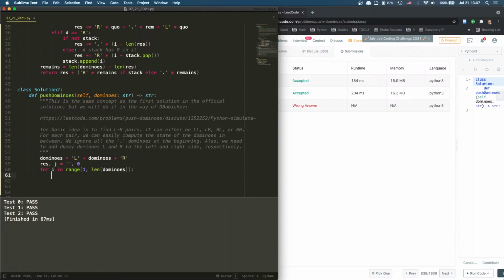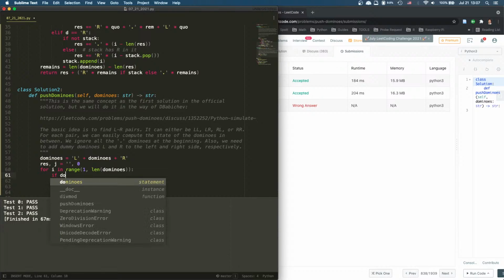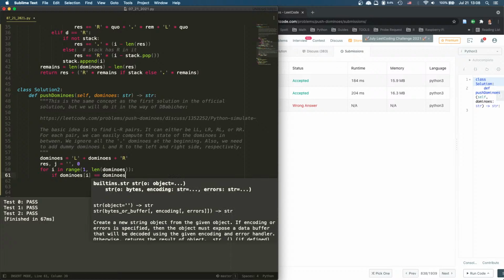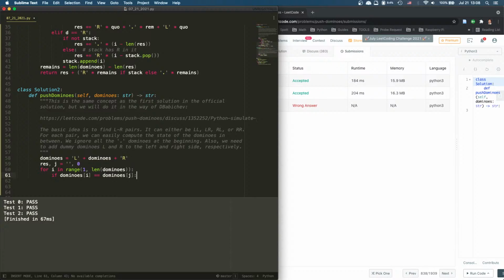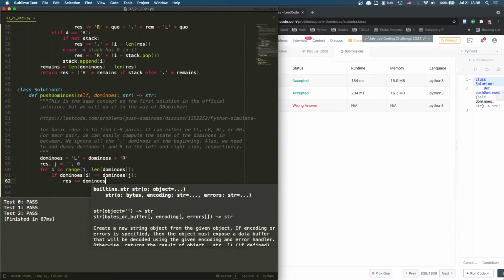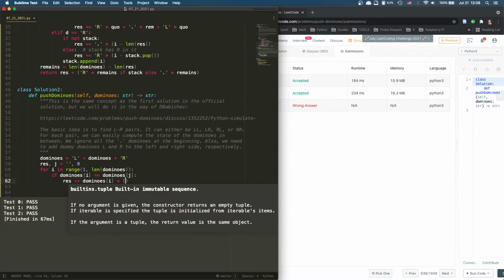right? And we say if dominoes i is equal to dominoes j, right, they're the same, then we say res plus equal to dominoes i times, what's this?